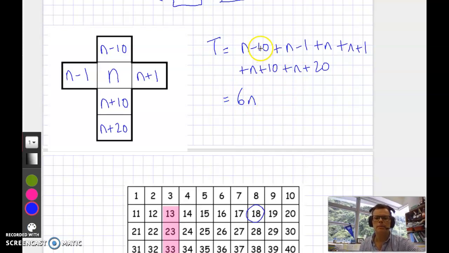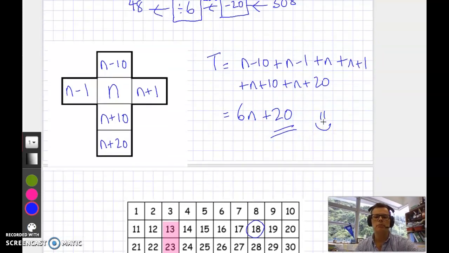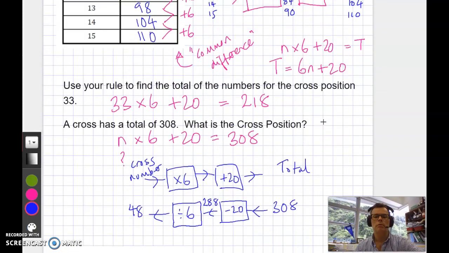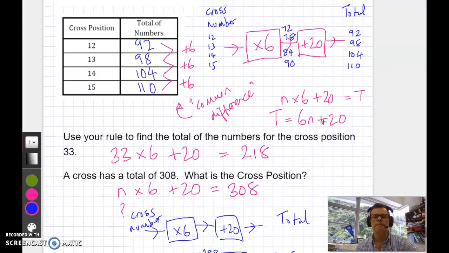Yeah, well, minus 10 plus 10, that's 0. Minus 1 plus 1, that's 0. But there's a plus 20. And that makes us very happy, of course, because it's exactly the same as the rule we achieved here. So all of this mathematics now connecting together in a very cool way.